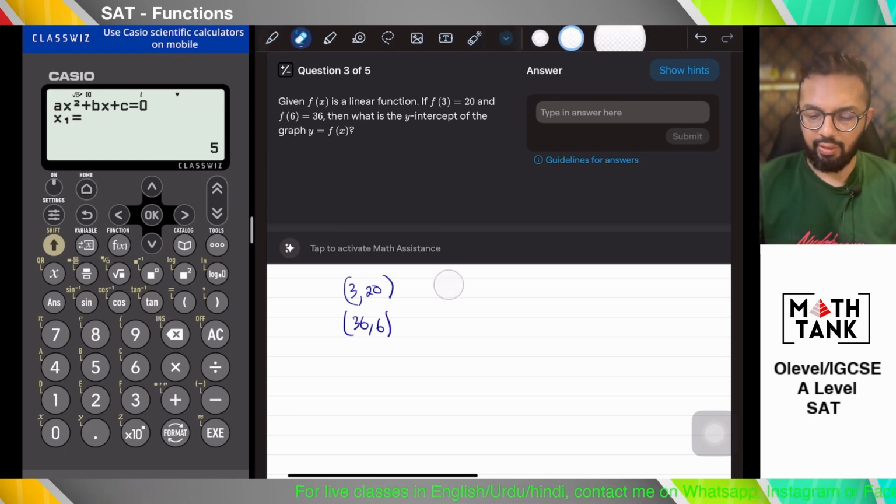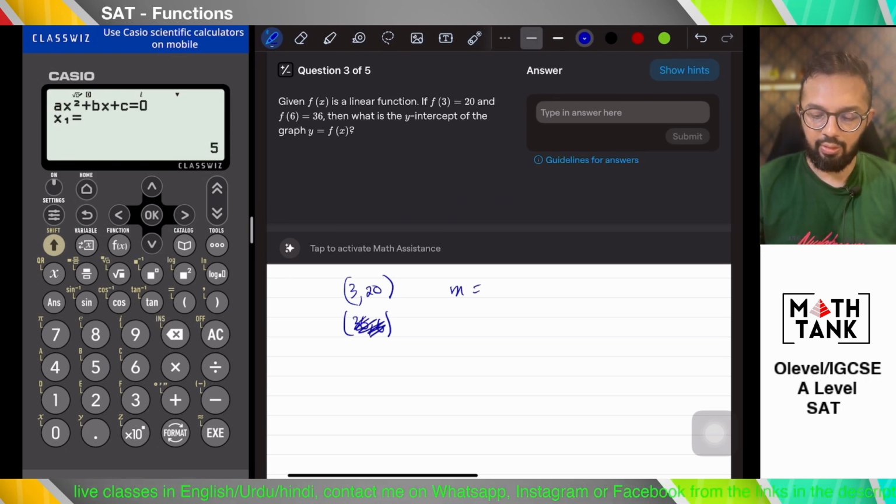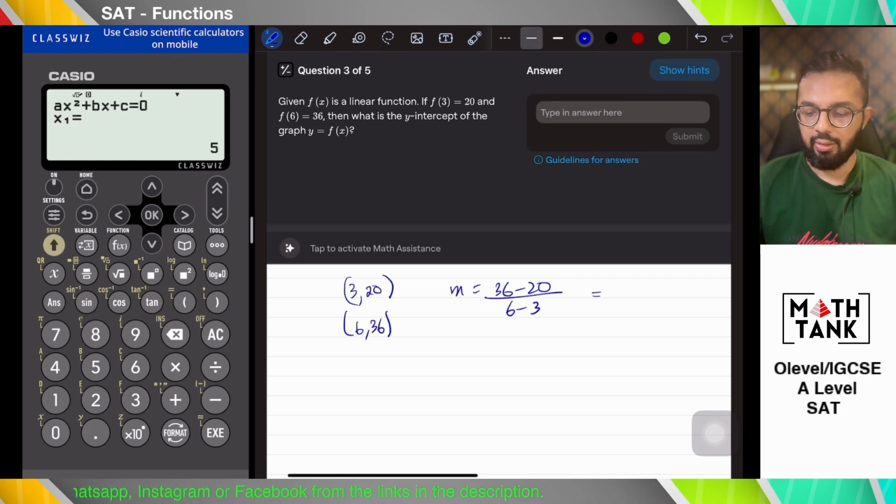I'll have to first find the gradient. So 36 minus 20 over 6 minus 3. So that gives me 16 over 3. Yeah.